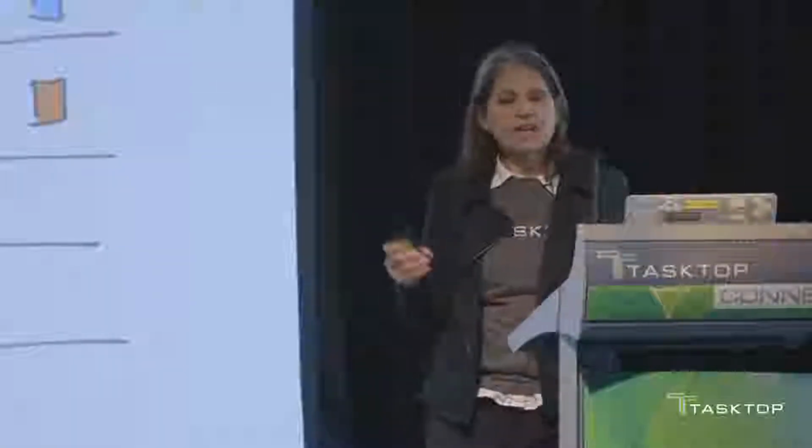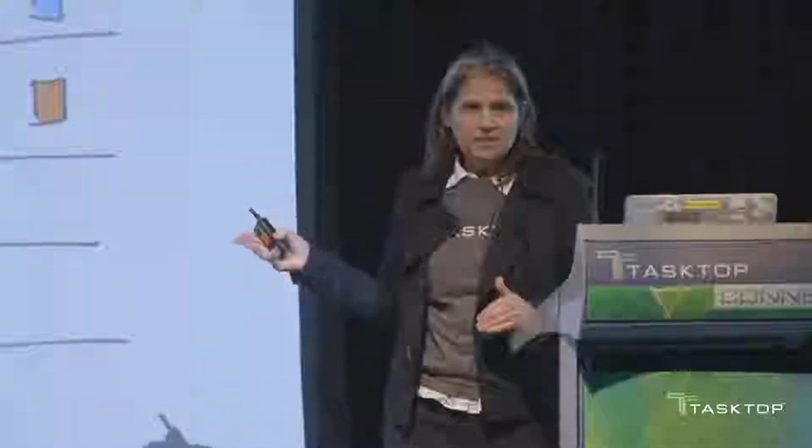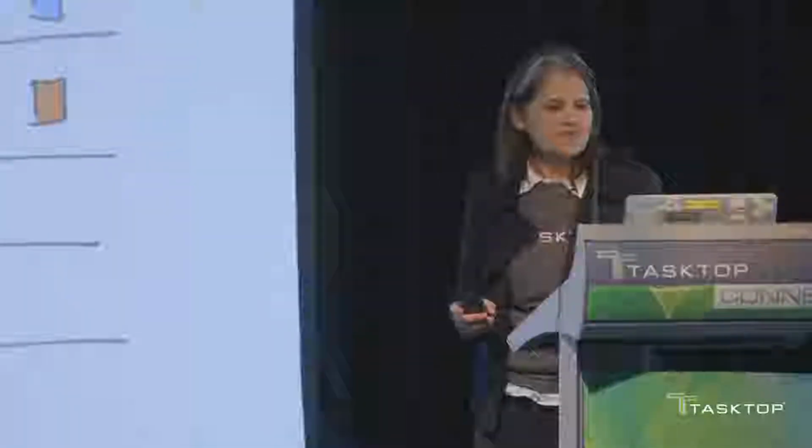What makes sense in our context? If you look at a board like this, you can allocate your work in progress limits per work item type. So on this board, we've got a WIP limit of 5 features, 5 defects, 1 risk, and 3 debts. But what's happened, we've just continued to do more feature work. We went way over our work in progress limits on the feature work there.